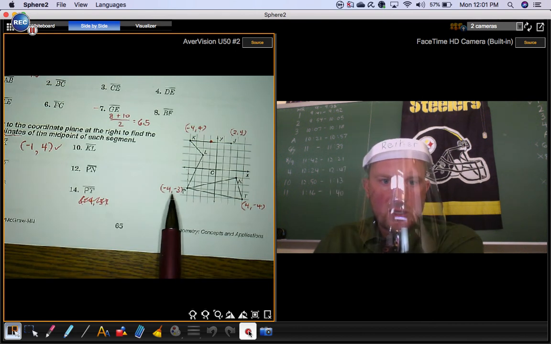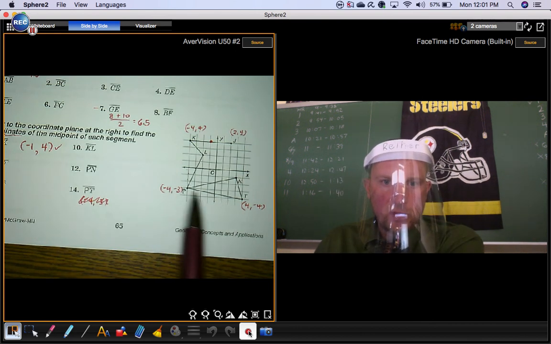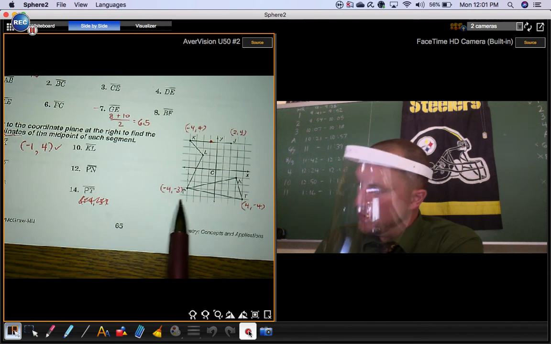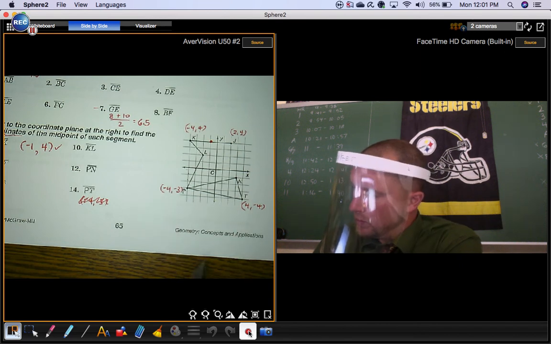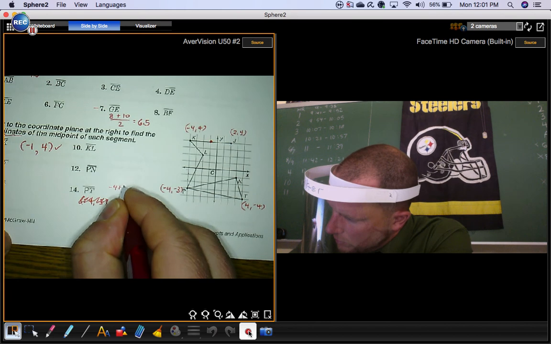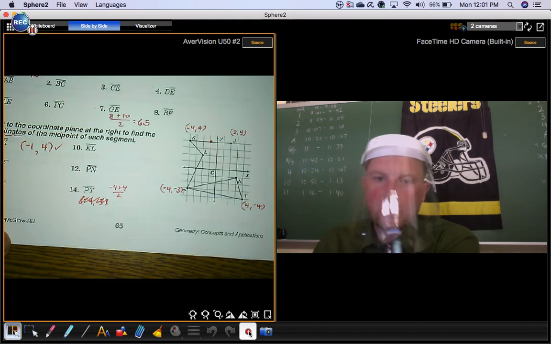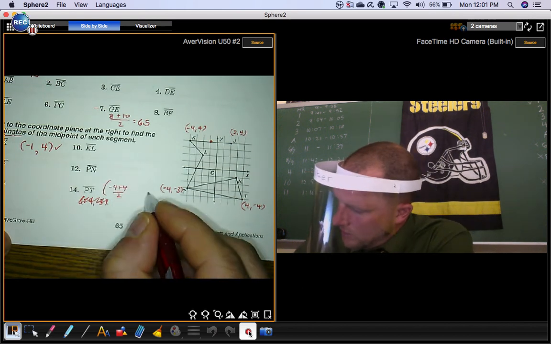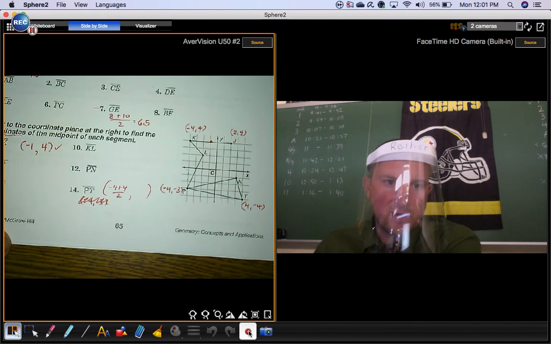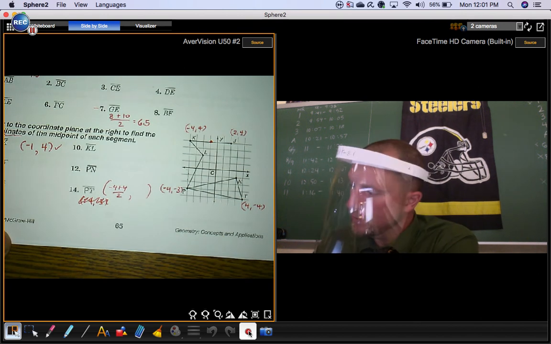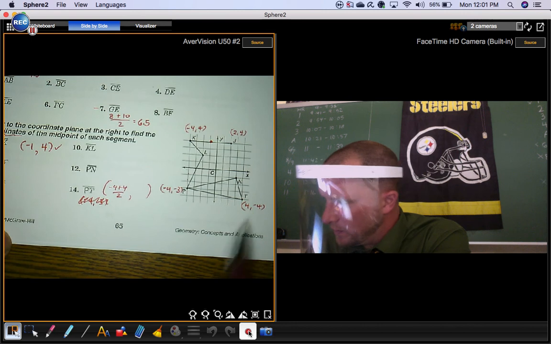Okay, so let's average these ordered pairs. We need to average the x's. Negative 4 plus 4. Then divide by 2. Whatever that gives you will be the x value of your ordered pair. Average your y's, negative 3 and negative 4.